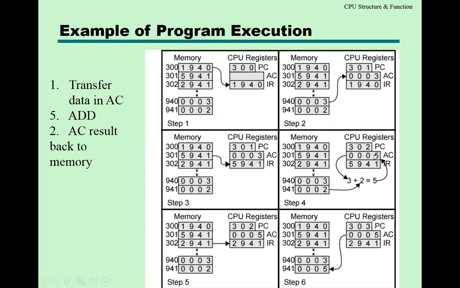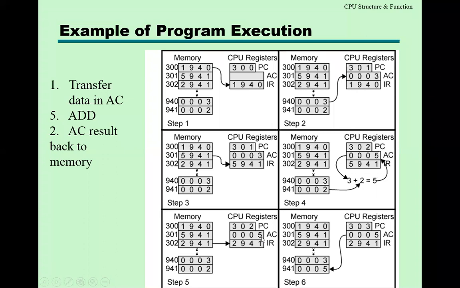So the accumulator updates its value after the addition. Here you could see the accumulator value is 3 and 941 is 2. So 3 plus 2, because 5 means add. After addition, the value is updated to 5.